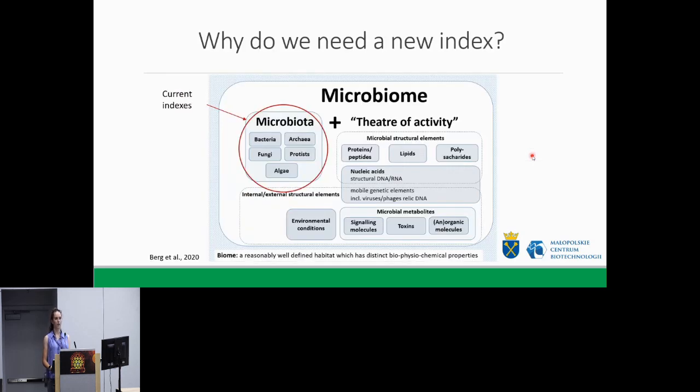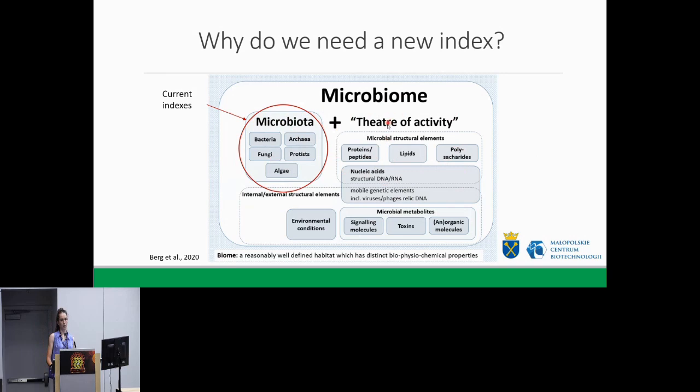Okay, so why do we need a new index? Let's have a look at the recently redefined microbiome definition. When we look at the definition, we can see that the microbiome consists of the microbiota, so all of the bacteria, viruses, fungi, etc. But actually, the majority of the definition is the so-called theater of activity.